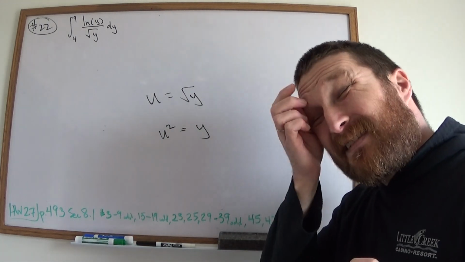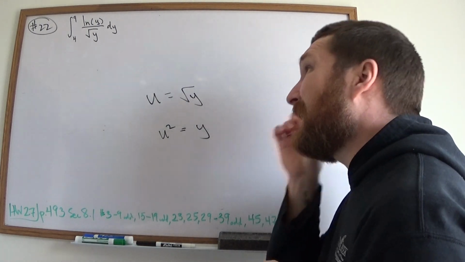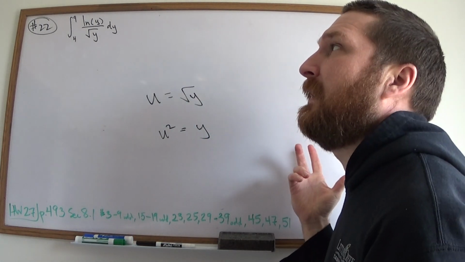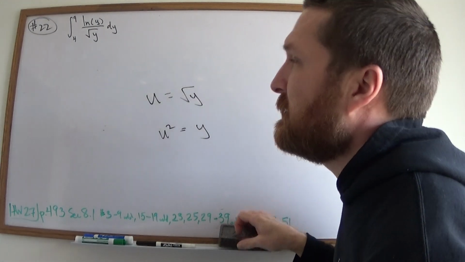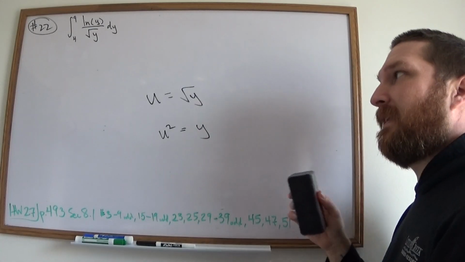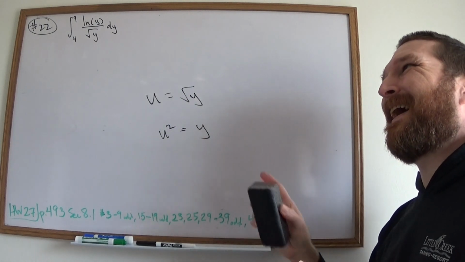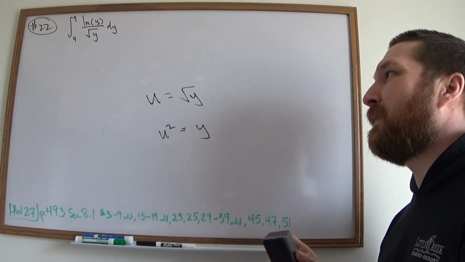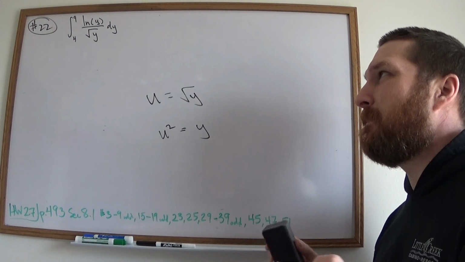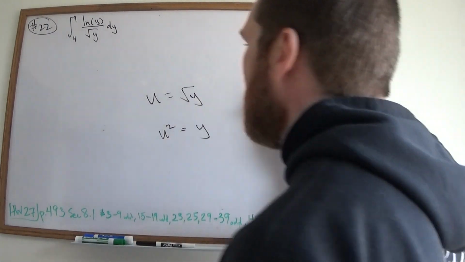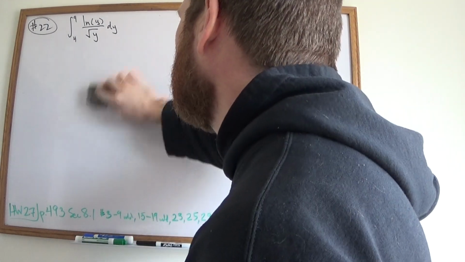Does that make our lives easier? I don't know. It may or it may not. My intuition is, I'm looking at that and I'm like, I don't know. That might make life easier, but maybe we'll just try an integration by parts here.